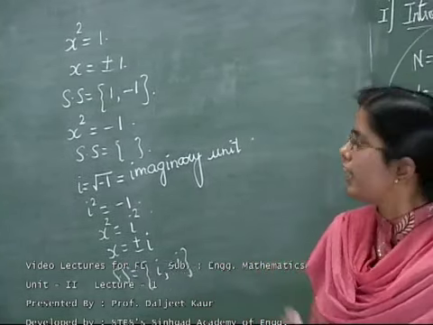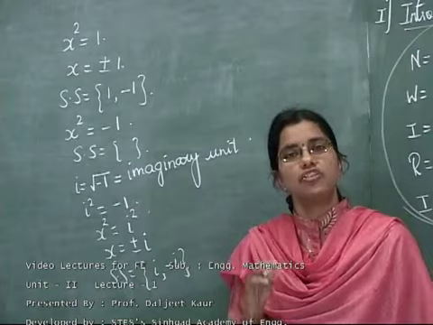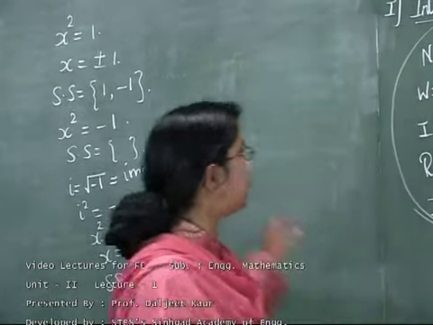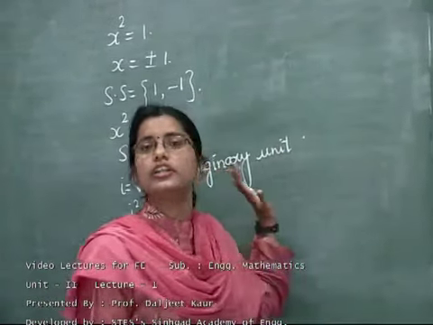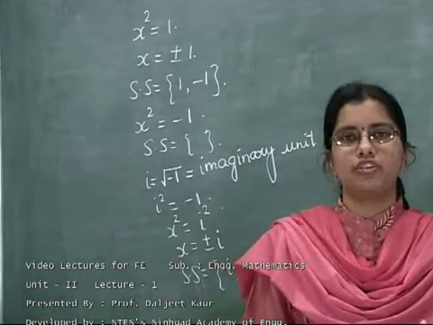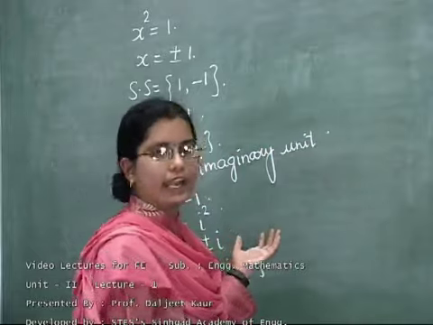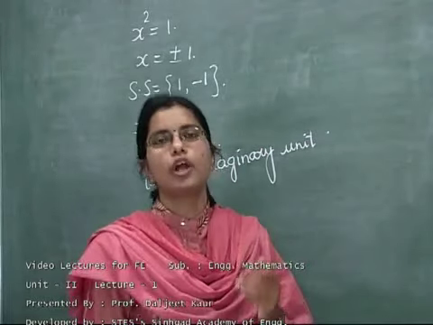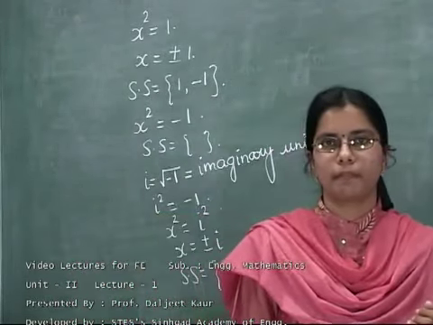So you see, in real life, engineers use complex numbers to measure the AC voltage. Because when you measure the AC voltage, the parameters which are there, you express them in complex number form.